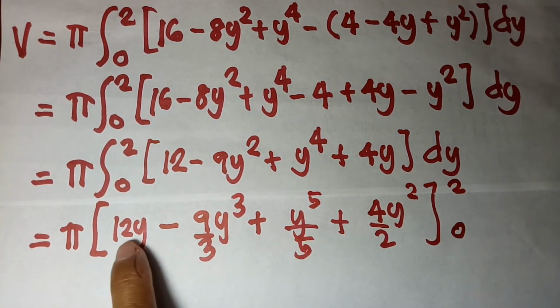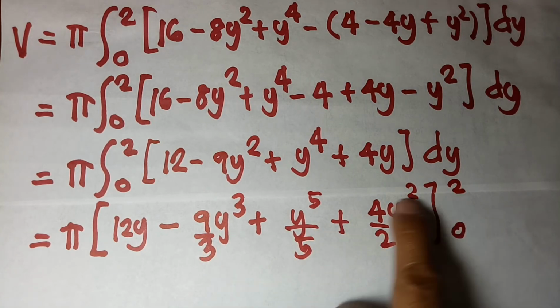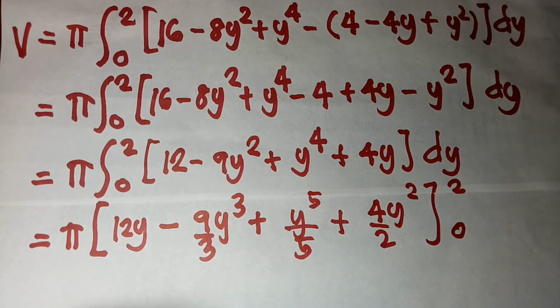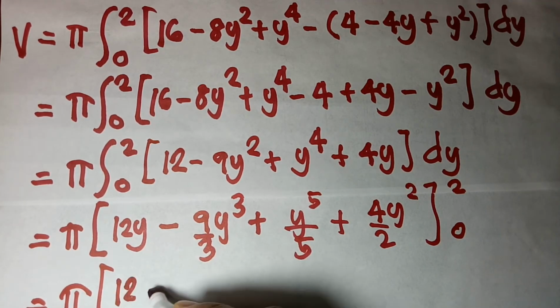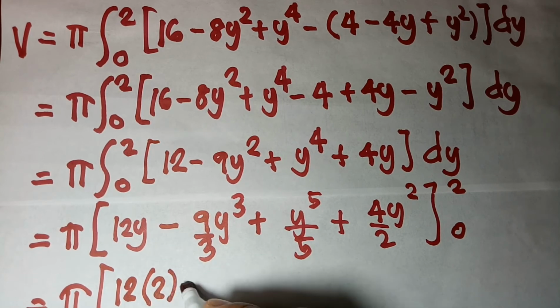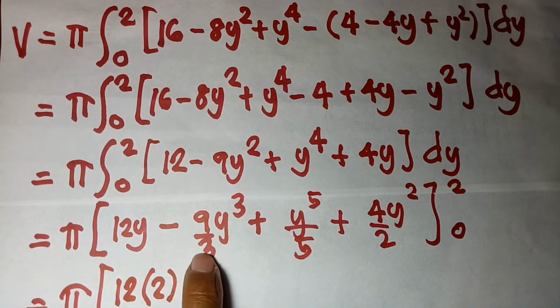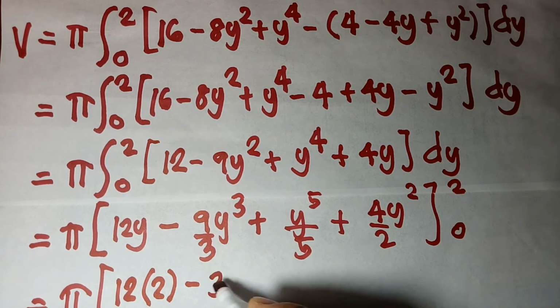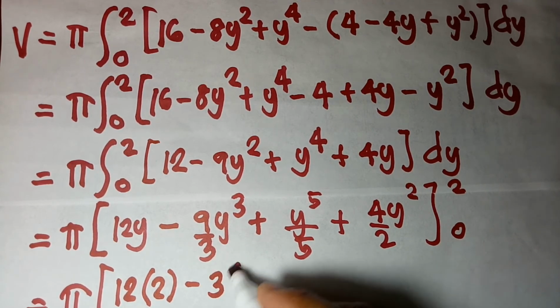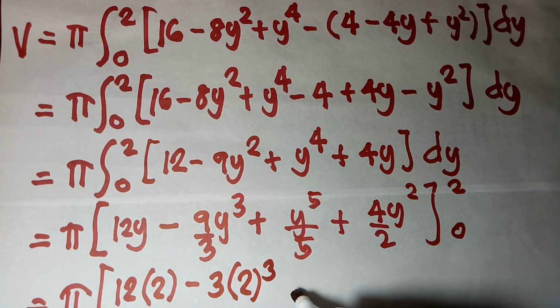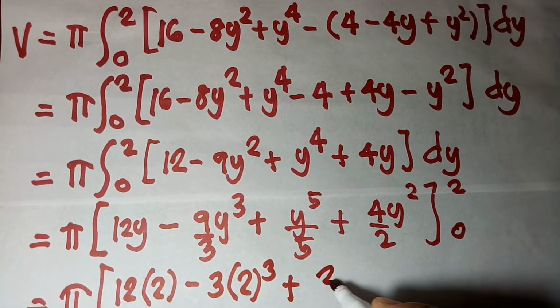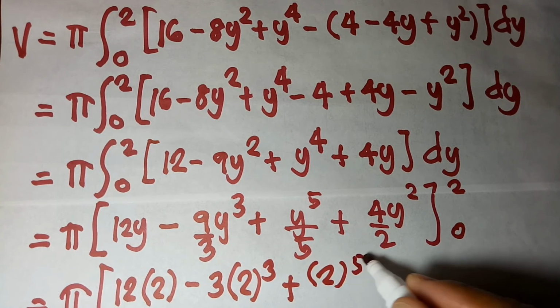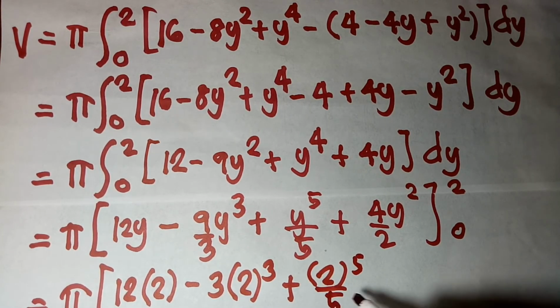So now when y is 2, so let us evaluate when y is 2. So we'll have pi and then times. So when y is 2, lahat ng y papalitan natin ng 2. So 12 times 2. So 9 divided by 3 ay 3. Tapos yung y nito papalitan ng 2. And then plus 2 raised to 5 over 5.